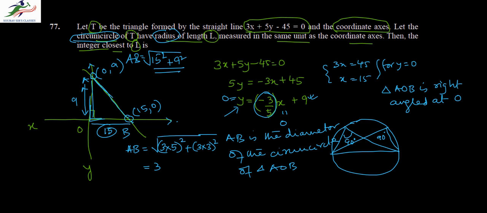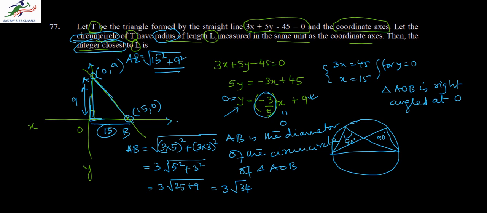So I can write this as 3 into root over 5 square plus 3 square. So 3 into root over of 25 plus 9, which is equal to 3 into root over of 34. Now we are asked to find the integer closest to L.